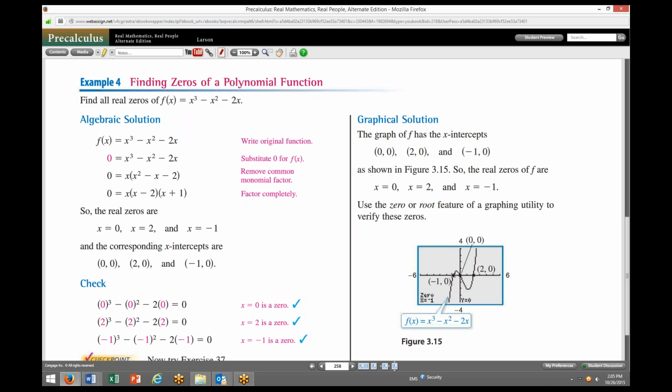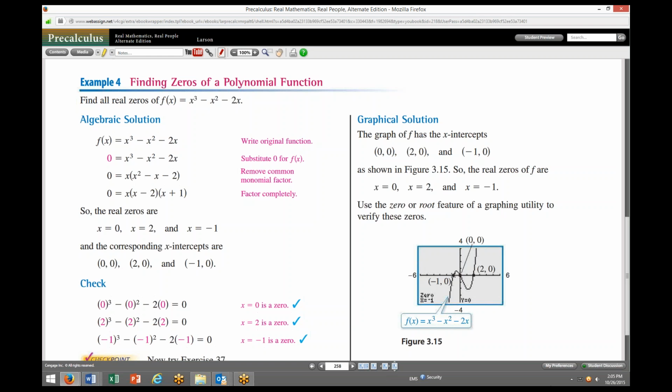So now that the polynomial has been factored, that tells us the three zeros. Just the term x by itself always tells us that the number 0 is a 0 of the function.